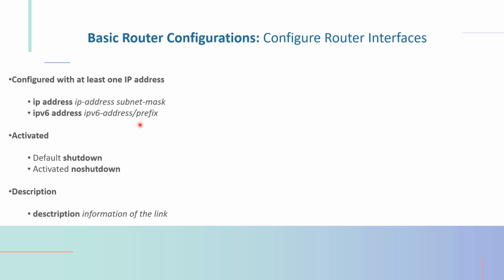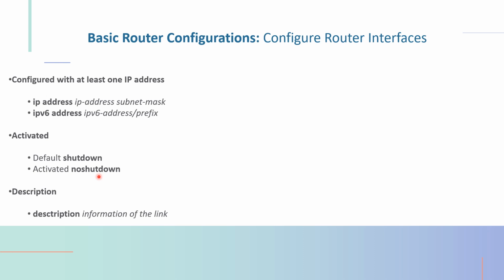And then there is the activation, which means that by default LAN and WAN interfaces are not activated; they are in the shutdown mode. To enable an interface, it must be activated by using the no shutdown command.